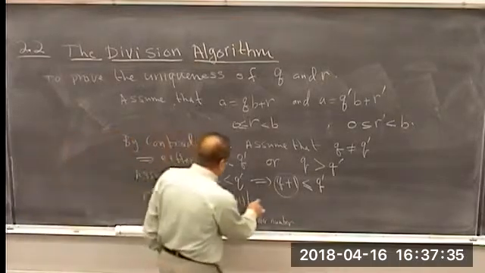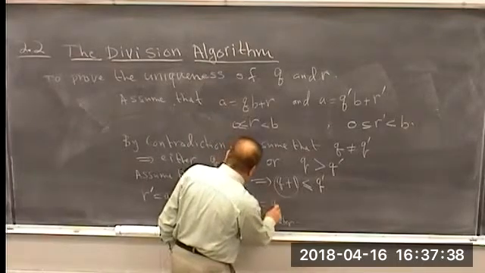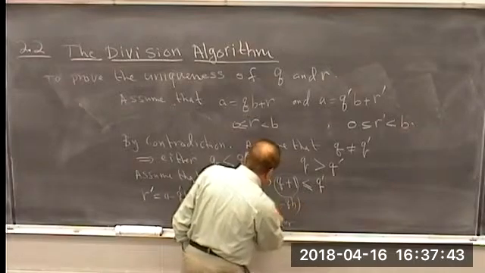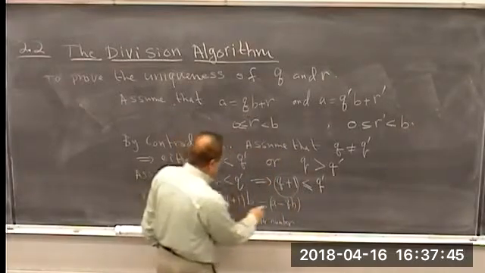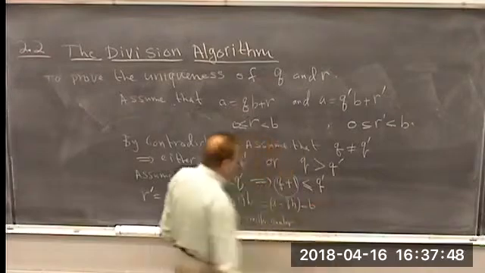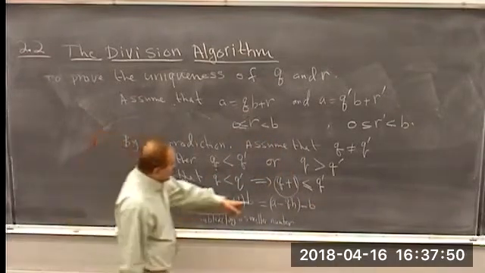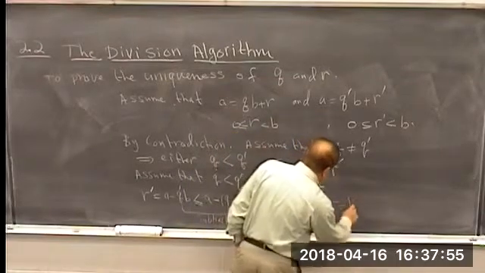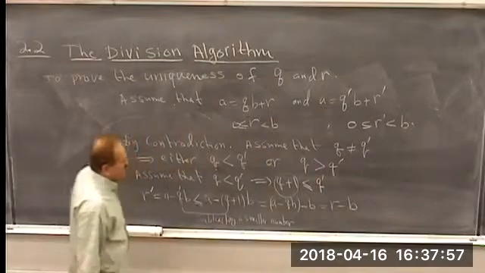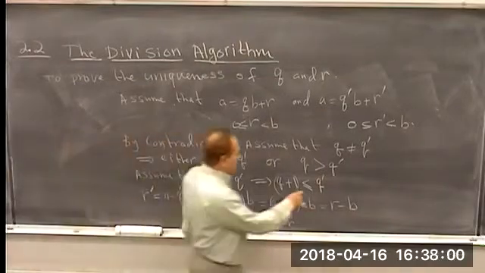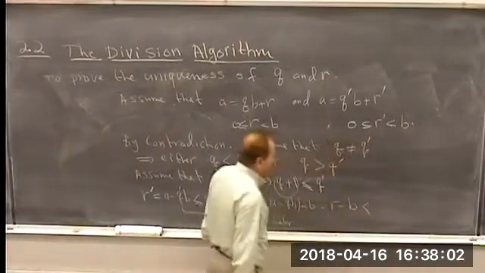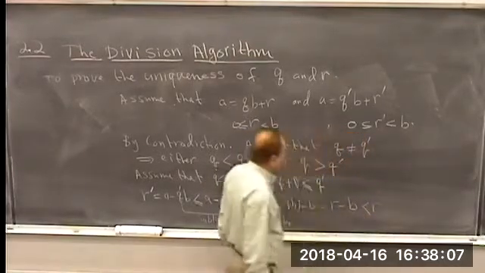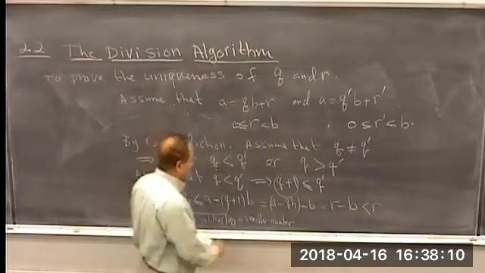Well, I want to rearrange this, so I can write this one as A minus QB by multiplying the B inside, and then this is minus B, like this. But the A minus QB is equal to R minus B, and remember B is a positive number, so this makes this quantity less than 0.